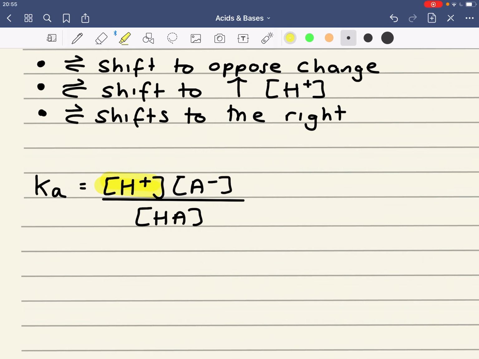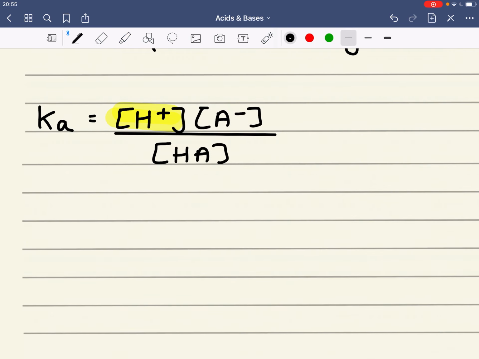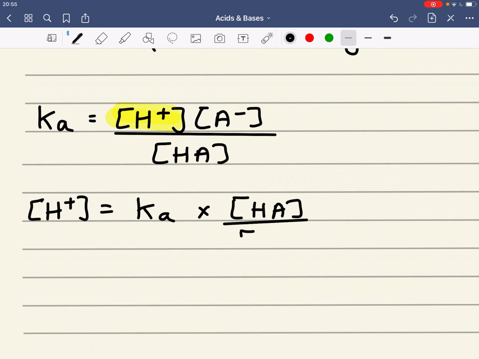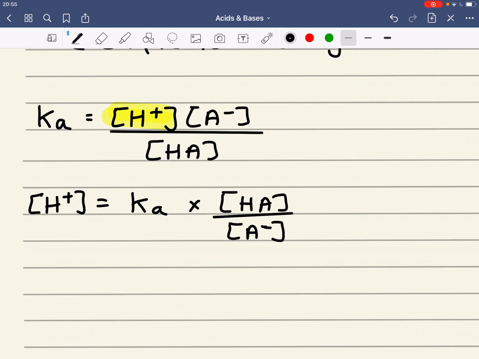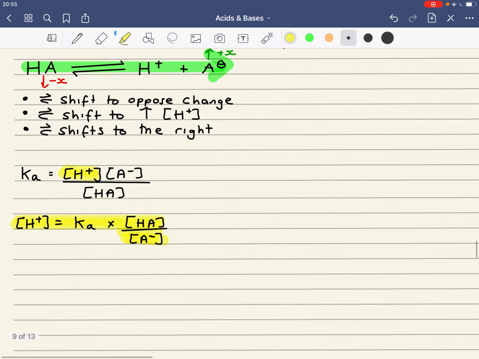We can't assume H plus is equal to A minus anymore. So we've now simply got to rearrange this equation to give you H plus. And when we rearrange that equation, we get Ka times HA over A minus. And that there is the equation that you would need to use if you're asked to work out the pH of a buffer.